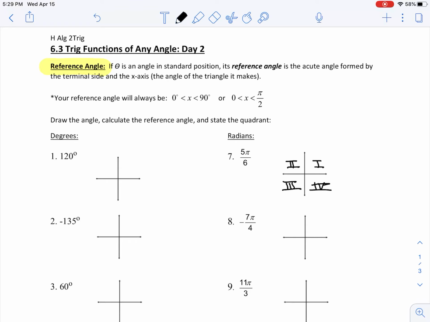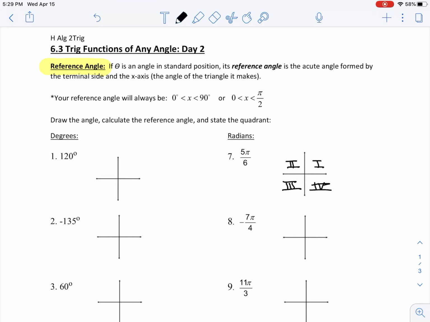Totally fine. Right now I'm working on just the degree side. So if you were drawing by hand, you would write the number 1 and the 120.